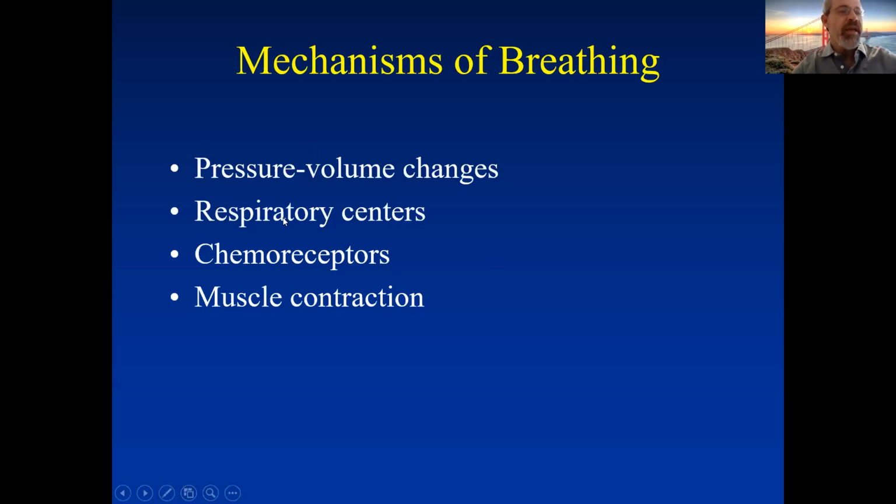The first one refers to what we call pressure volume changes. We'll talk about how volume changes in the lung change the internal pressure, which influences our ability to breathe. We'll take a look at structures from other areas, primarily the brain, which contains structures and nerves that ultimately innervate the respiratory muscles to influence contraction.